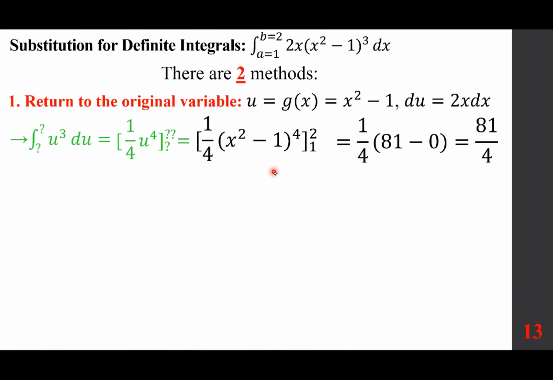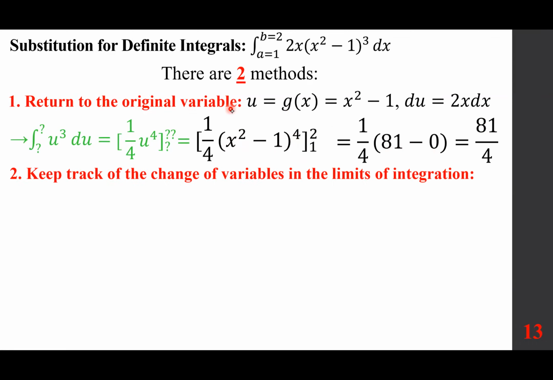So it's 1/4, 81 minus 0, or 81 over 4, you're done. You can always return to the original variable. The second method is to keep track of the change of variables in the limits of integration.